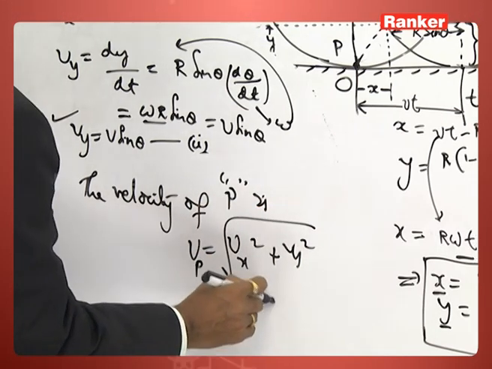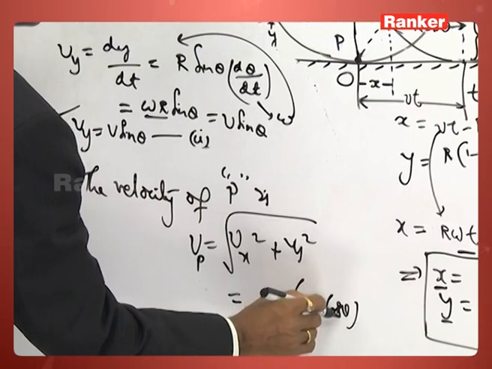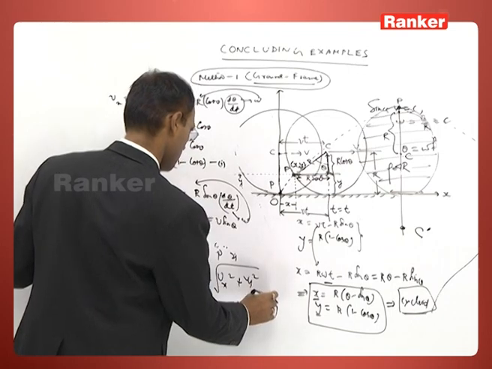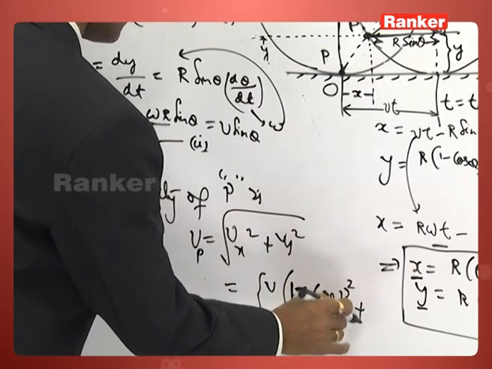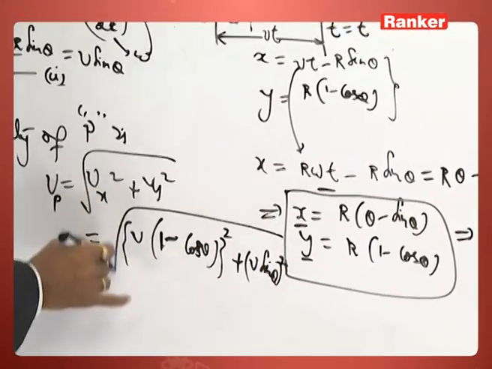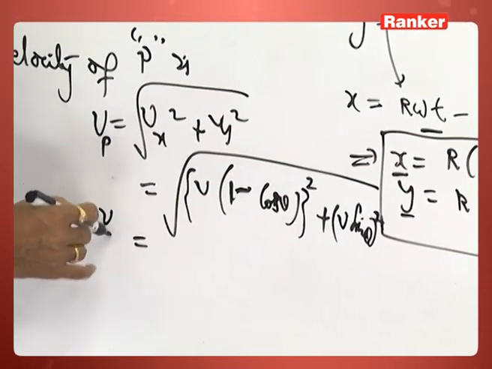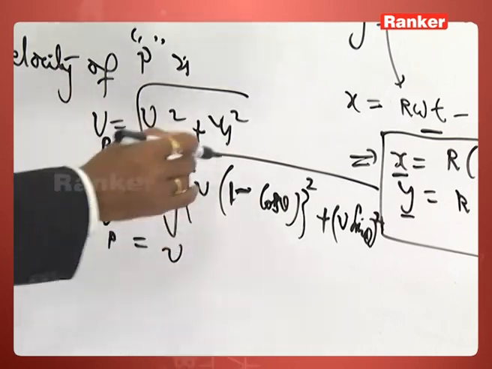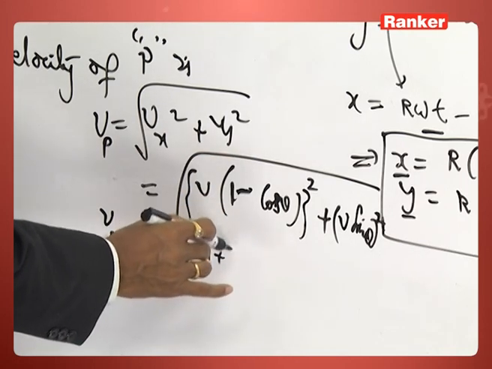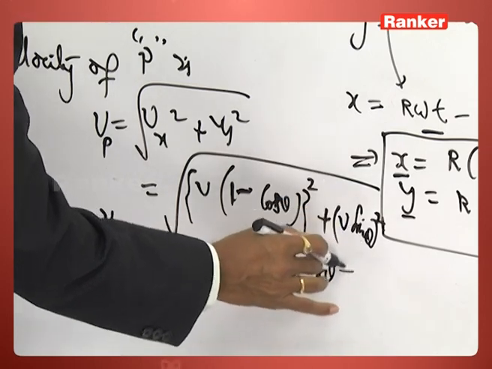That's equal to the square root of v into 1 minus cos theta, whole square, plus v sin theta, whole square. So vp is equal to v times the square root of 1 plus cos square theta minus 2 cos theta plus sin square theta.